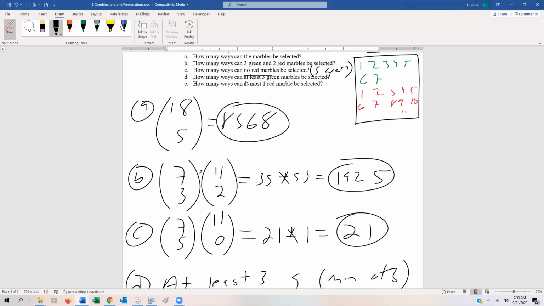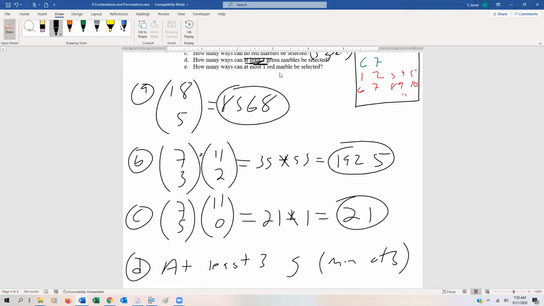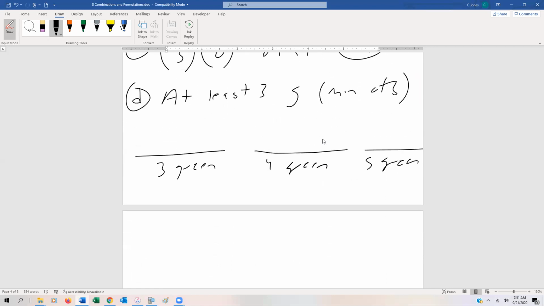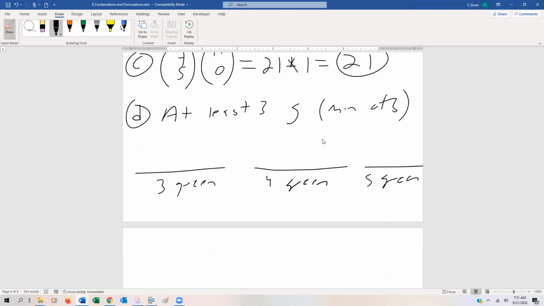So whenever you have these at least problems, what you're going to do is start with the number and go up to the max, right? So that way you can go through and find out what that means. Now we still have to figure this out, all right? But it's not too difficult at this point because, remember, to get 3 green, we have 7, 3, but we can't forget that implicitly that also means, because we're selecting 5 total, that we have 11, 2.